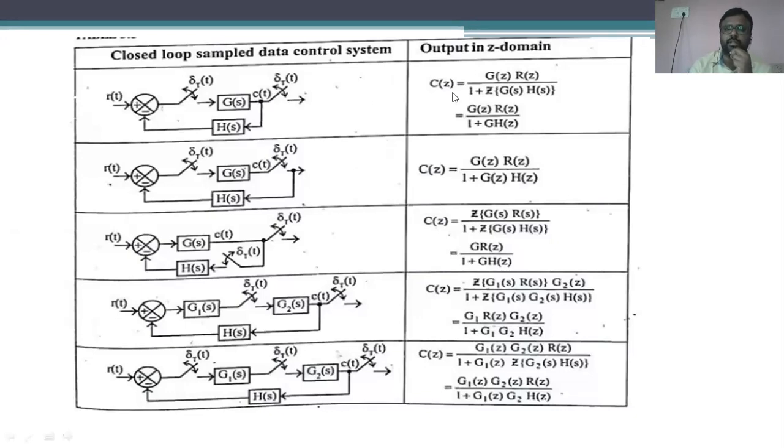If you are very familiar with these outputs, you can solve problems easily without any derivation or theoretical part. You can directly apply the formula and extract the pulse transfer function for that particular closed loop system.